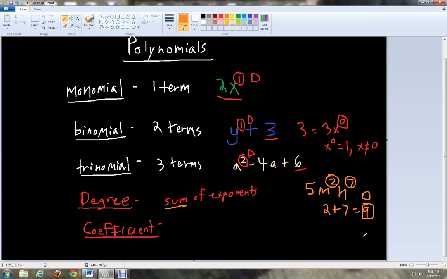If you have just one single variable, you just look at the exponent. But if you have more than one variable, you have to add all the exponents together to get the degree.